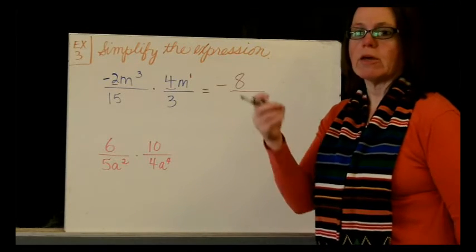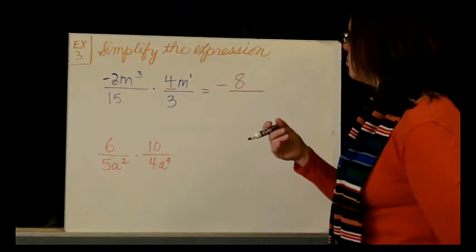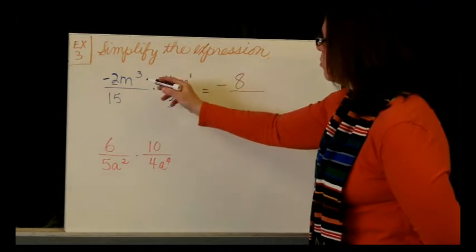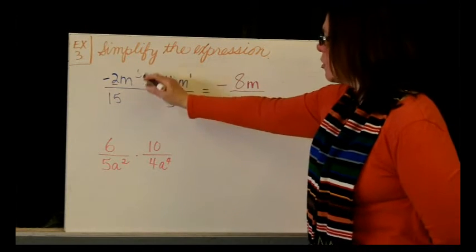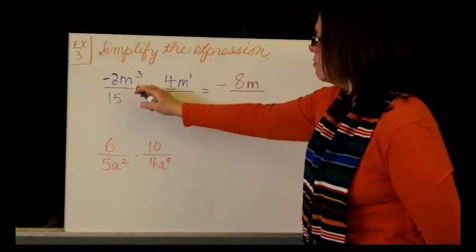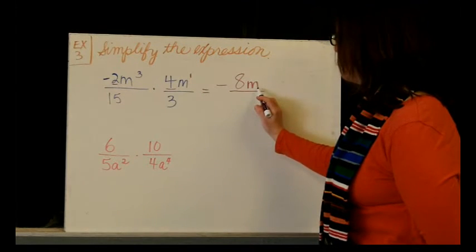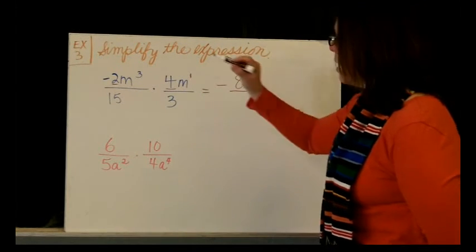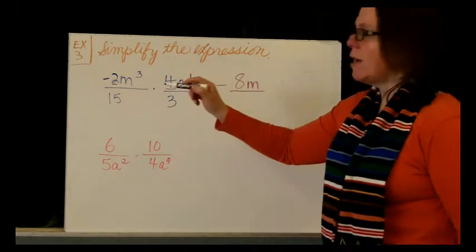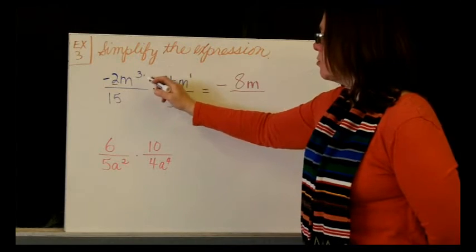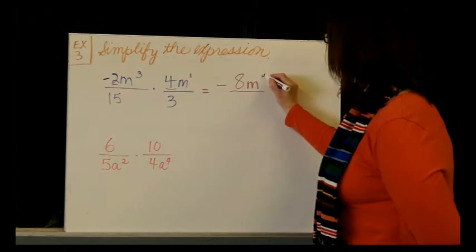When there's nothing there, we assume that there is 1 there. And when we are multiplying variables with exponents, the base is the variable, so I moved over my m. And when you're multiplying powers you have to add the exponents. So 3 plus 1 is 4.